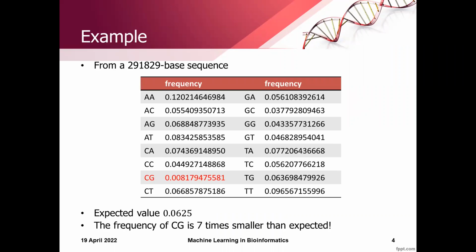But when they measured it, the probability was around 8,000 instead of the expected value of around 600. So the probability was 7 times smaller than expected.